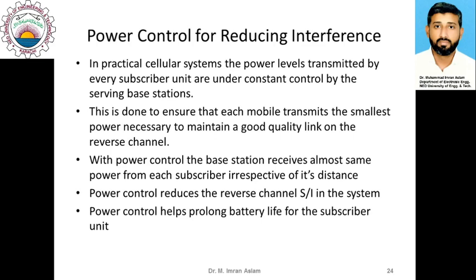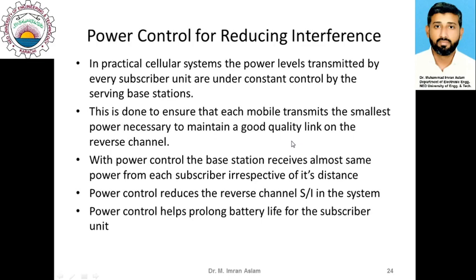When we have systems with power control, all the mobile equipment are not allowed to use the same power all the time. Generally what does power control mean?